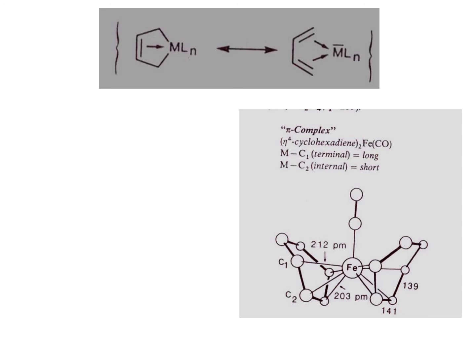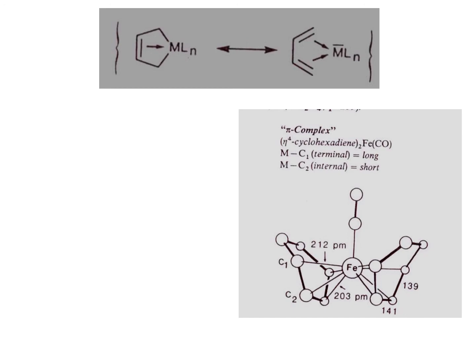So this is cyclohexadiene. Cyclohexadiene also has got a shorter bond between C2 and C3 and a bond lengthening of C1 and C2. So this is reminiscent of what we saw with butadiene and FeCO3.